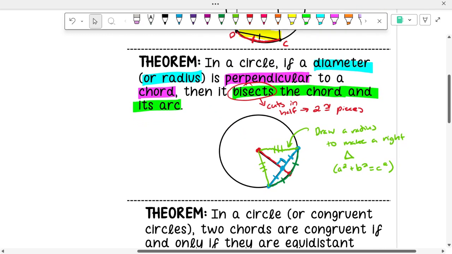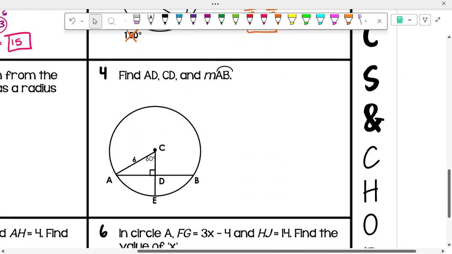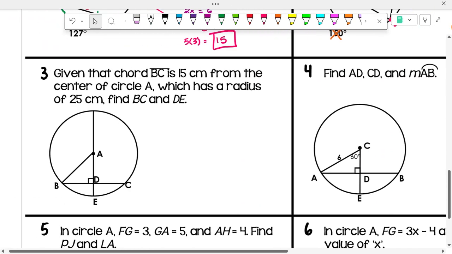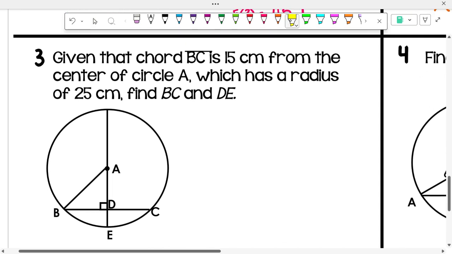All right. So let's look at examples 3 and 4. Example 3. Given chord BC is 15 centimeters from the center of the circle, which has a radius of 25 centimeters.